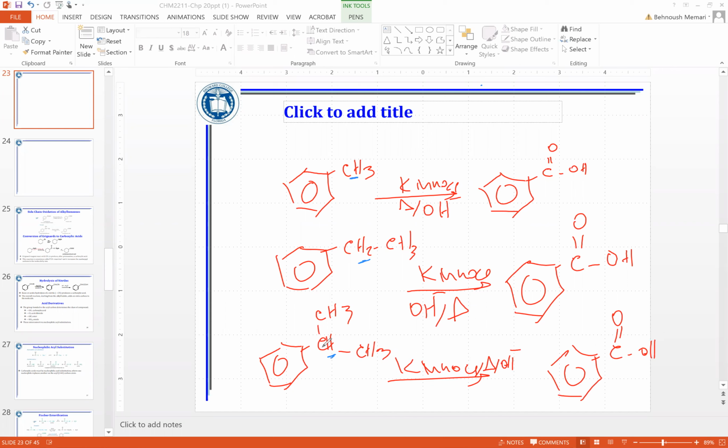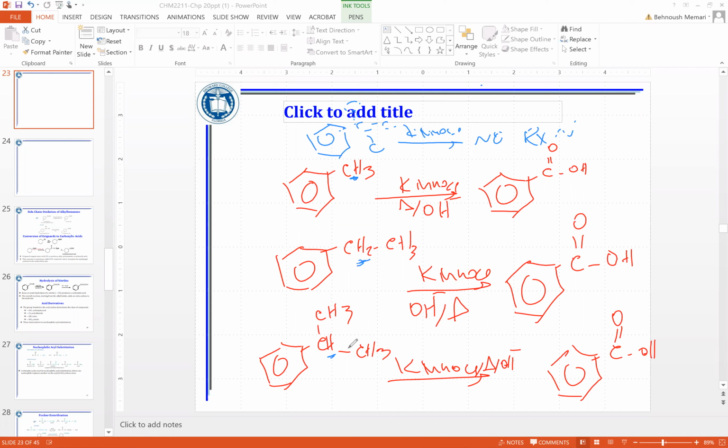hydrogen. If there is no benzylic hydrogen, there would be no reaction. So if you have a T-butyl group attached here, plus the KMnO4, there would be no reaction. You must have benzylic hydrogen, that is the condition.